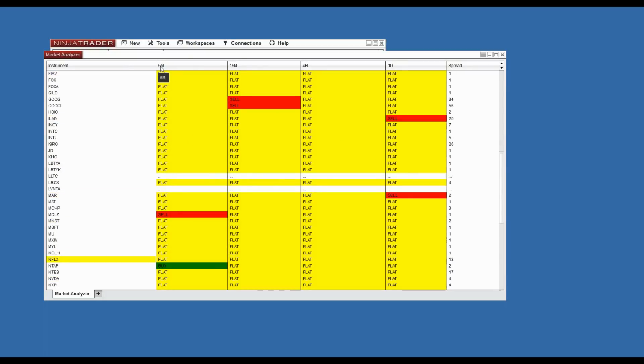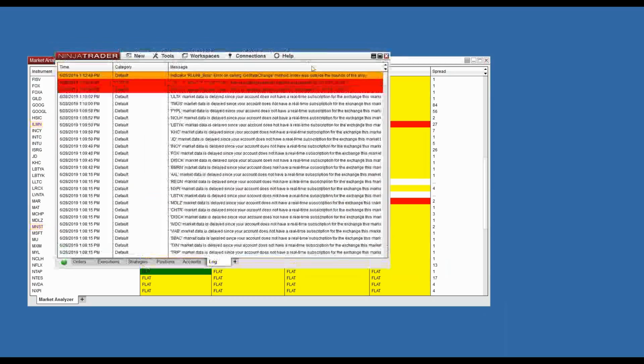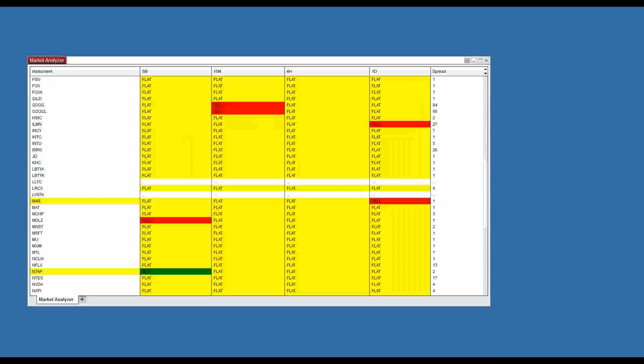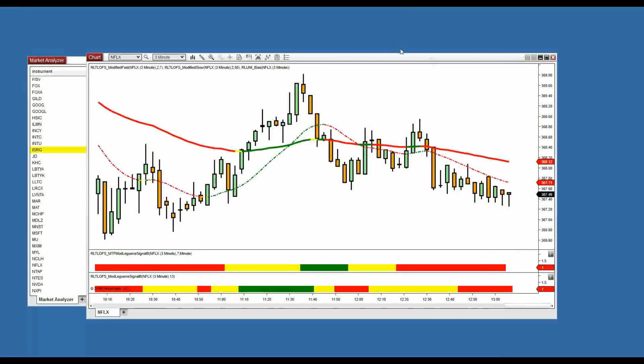We have it formatted for a 5-minute, a 15-minute, a 4-hour, and a 1-day, so you can use it to day trade or swing trade. These inputs you can determine. It's totally configurable. But what I want to do is show you what you're looking at so that you understand exactly how it works.